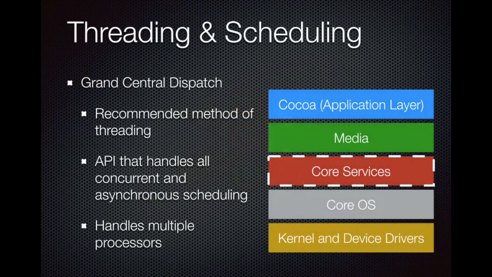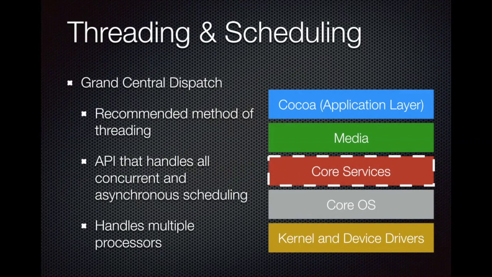It's an API that allows for concurrent and asynchronous scheduling. The cool thing about it is you just write inside your application or methods a wrapper that calls the Grand Central Dispatch to execute a piece of your method concurrently or asynchronously, and it will adjust it to the architecture of the machine.